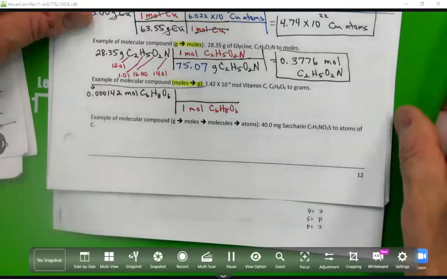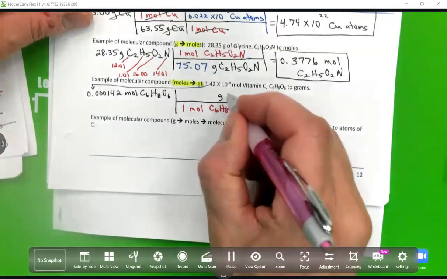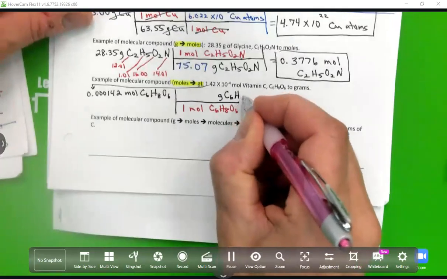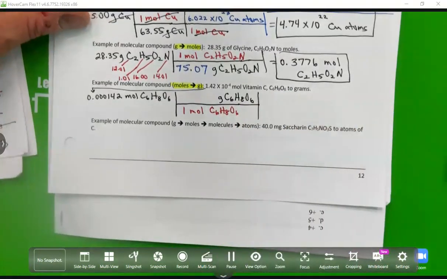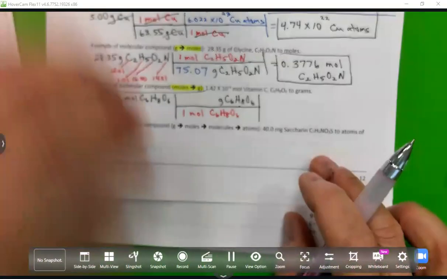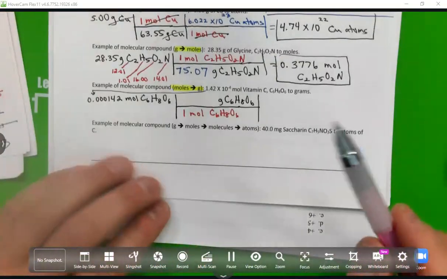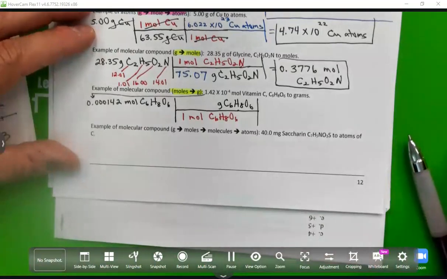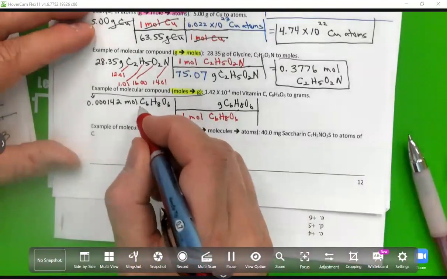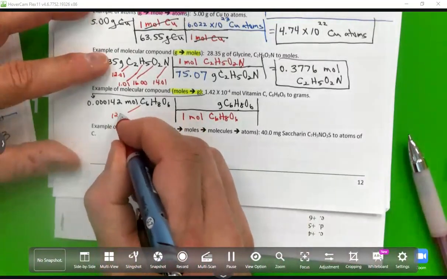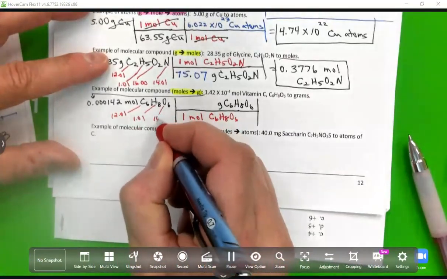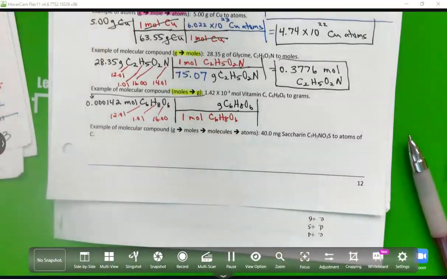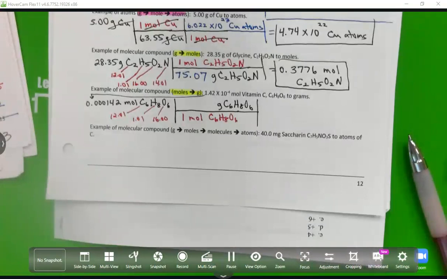And then how many grams? Again, 12.01, 1.01, 16. Grab your calculator, 6 carbons, 8 hydrogens, 6 oxygen.